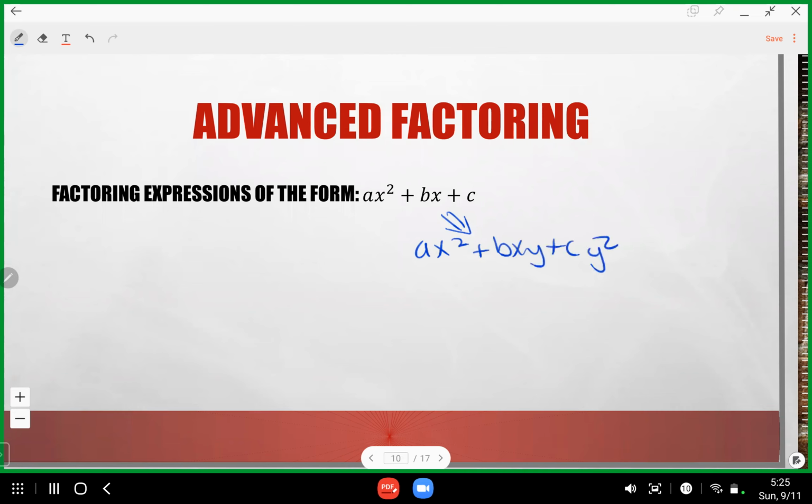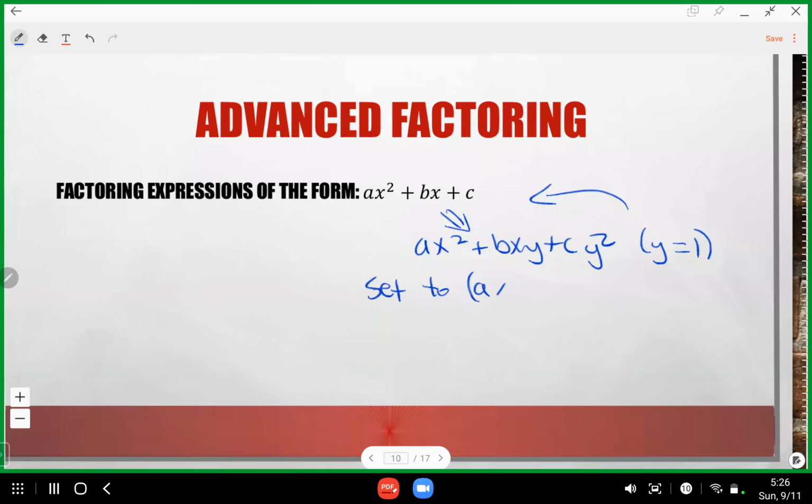Basically y is equal to 1 if it's like this. Now let's set this to (ax plus by) times (cx plus dy).